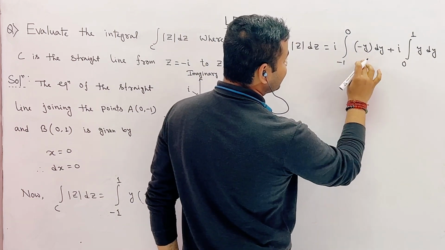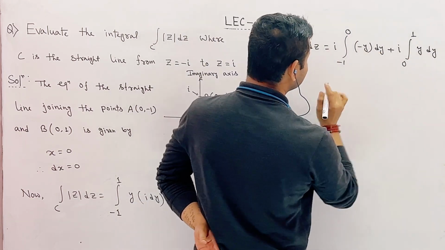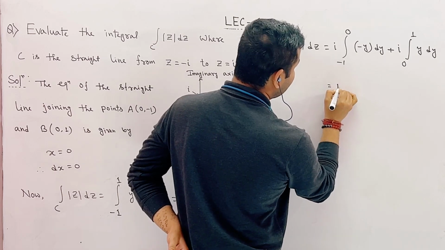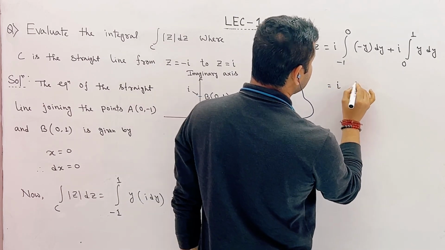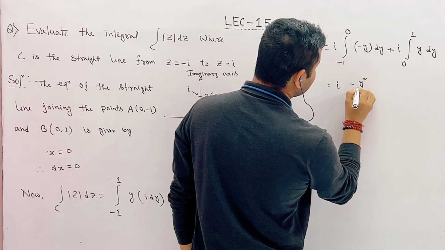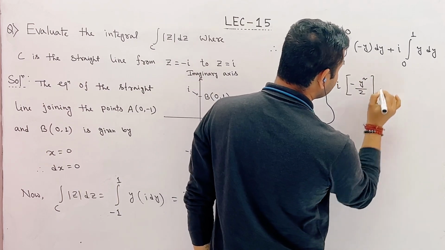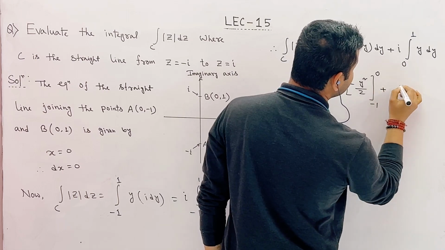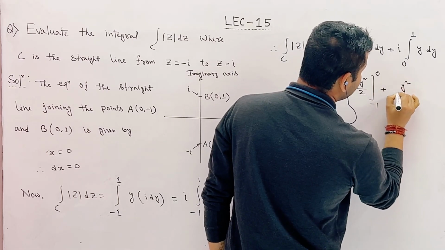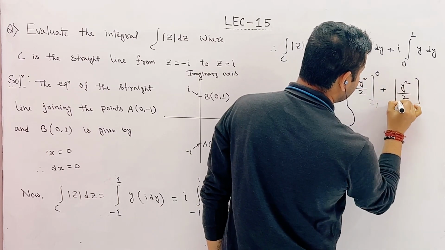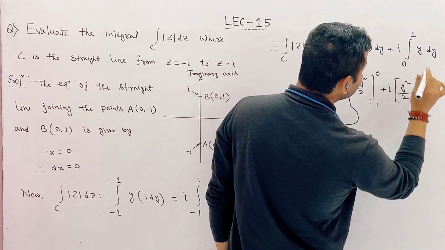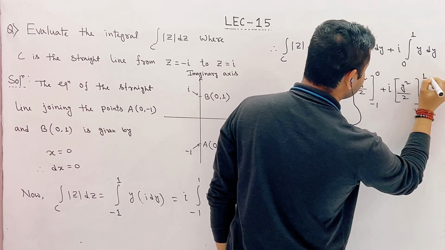Now let us simplify this term and this term. So iota into minus y square by 2, the limits will be from -1 to 0, plus y square by 2, limit will be from 0 to 1.